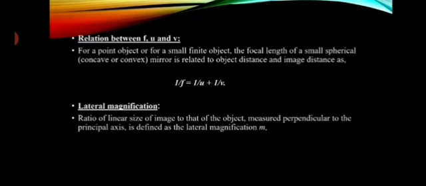That means the point or the surface through which the light passes is small. So the mirror is considered a small spherical mirror. It may be concave or convex. It is related to object distance and image distance as 1/f = 1/u + 1/v.